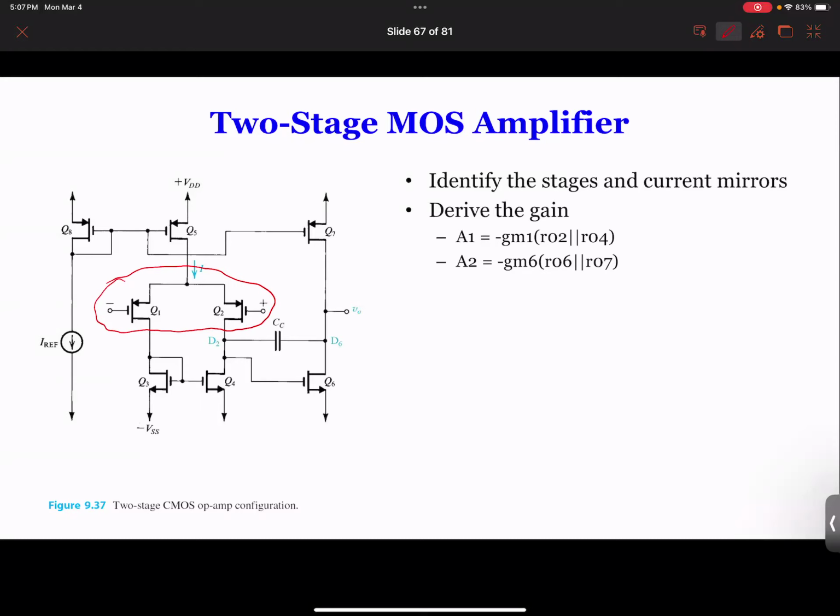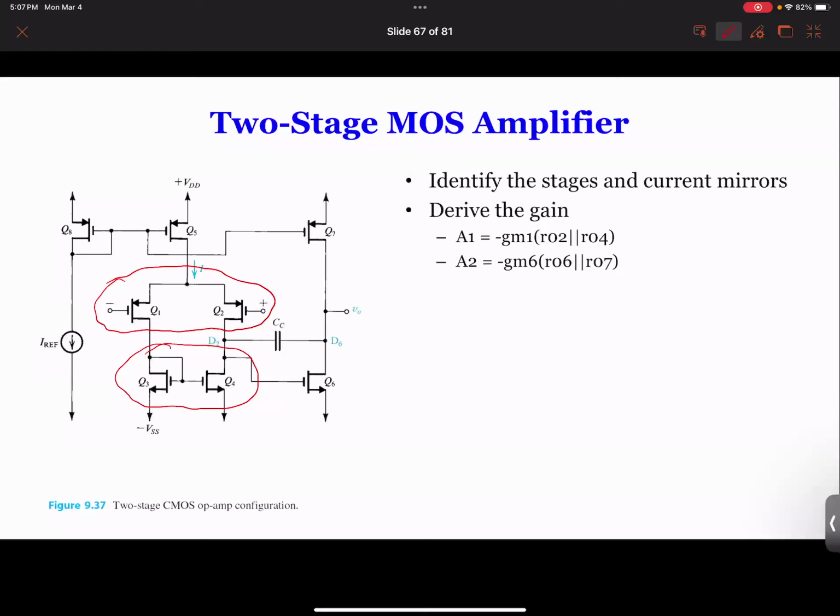It's either the current source for biasing, or sometimes it's cascode amplifier or cascode mirrors to increase the resistance of the circuit. If you look at these two, they are back to back, where the gate is connected to the drain. So this is a typical current source. Okay, so we have this one as a current source. We can circle that one, the current source.